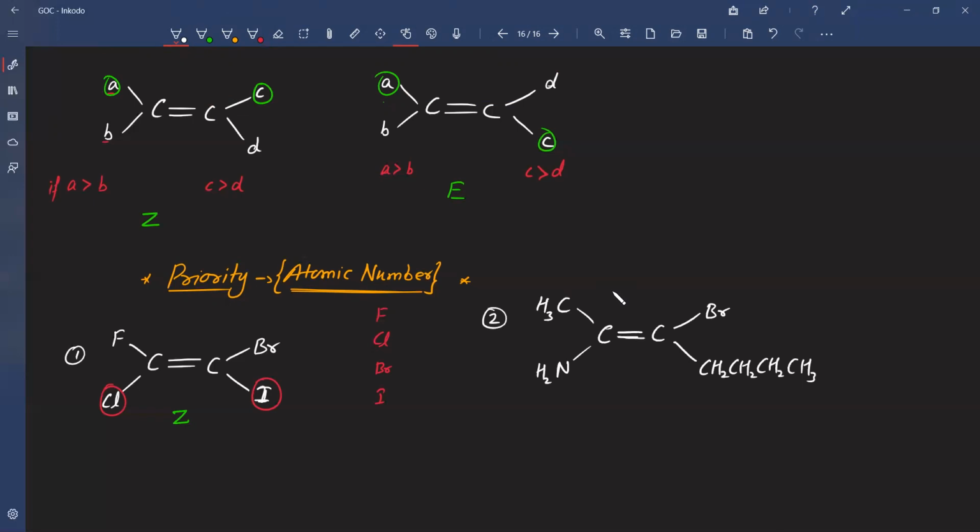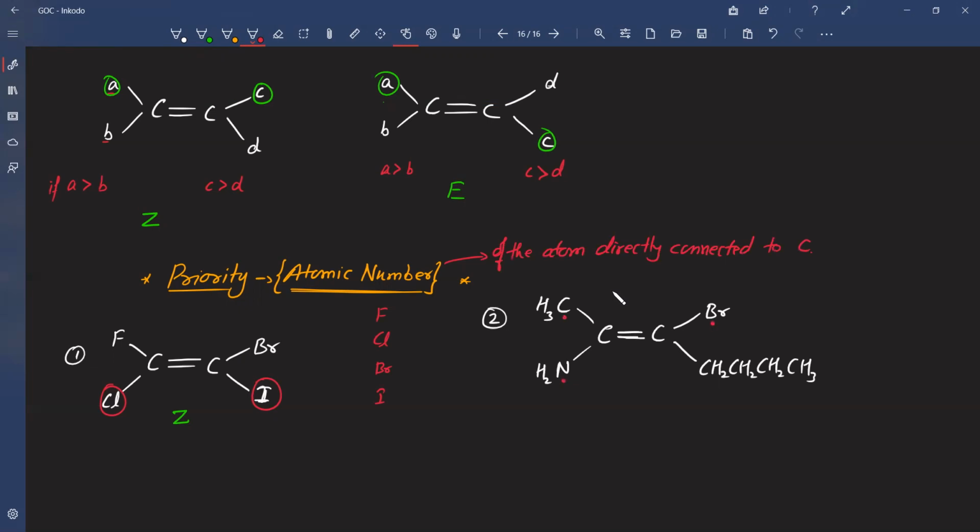How are you going to decide the priority first? Atomic number, right? Yes. So pay attention here. Atomic number of the atom directly connected to carbon. So which is the atom directly connected to carbon? That is what you have to decide first.